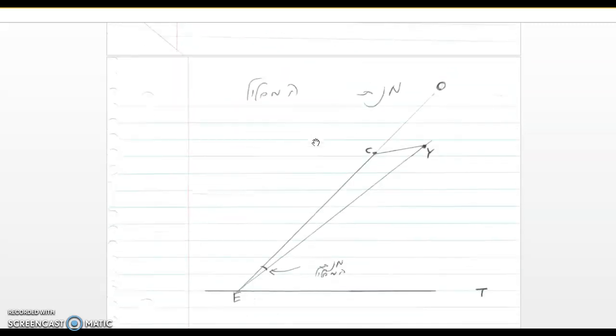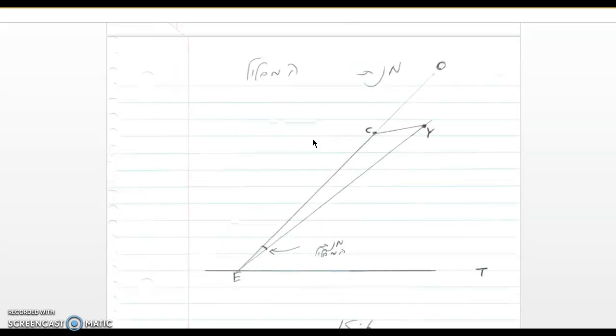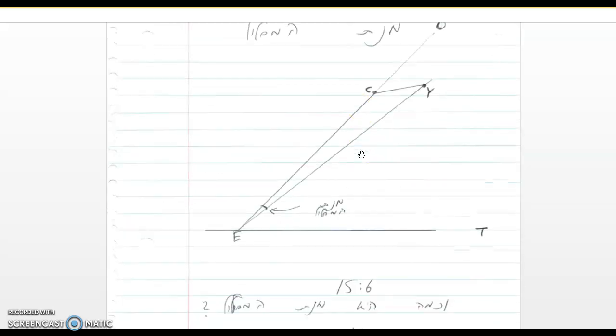Let's show one more diagram. This is called Manas HaMaslo. This is what we explained before. Rambam says, perek tes vav, halacha vav, akama hi Manas HaMaslo. That's this angle here, C, E, Y. This is this tiny angle here, Manas HaMaslo.